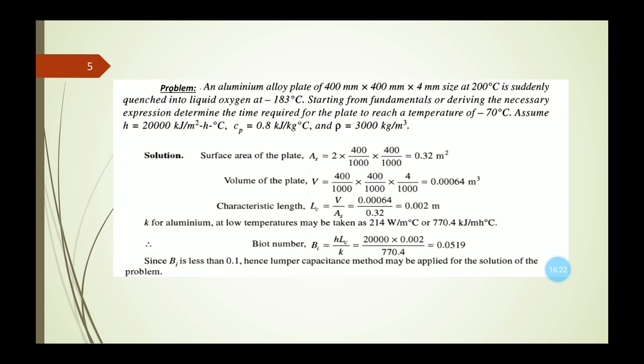Based on these values we can calculate the surface area of the plate, that is 0.32 meters square, and the volume of the plate can also be calculated as 0.00064 meter cube. Now the characteristic length Lc can be calculated by V by A, that is the volume divided by the surface area of the section. So the characteristic length Lc we are getting is 0.002 meter.